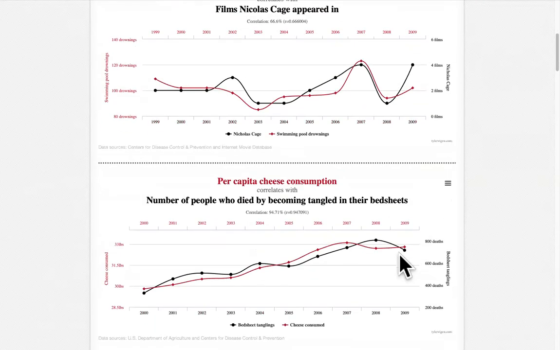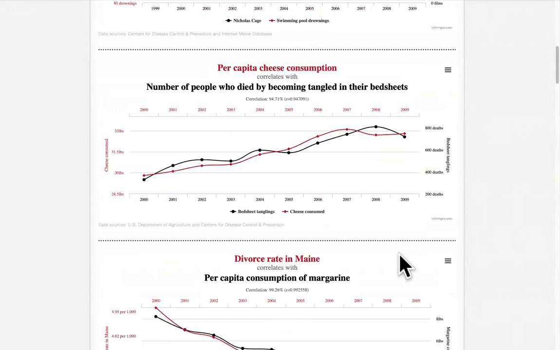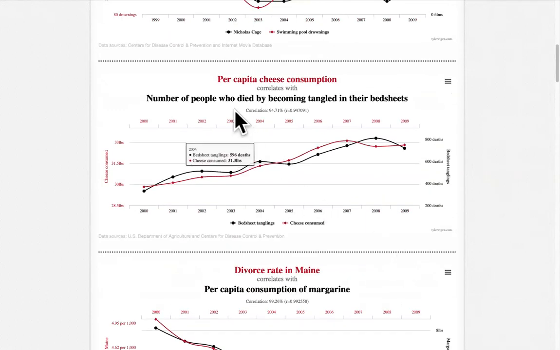You can see so many such examples shown on this web page. Here the per capita cheese consumption and the number of people who died by becoming tangled in their bed sheet show, again, a very high correlation from 2000 to 2009.